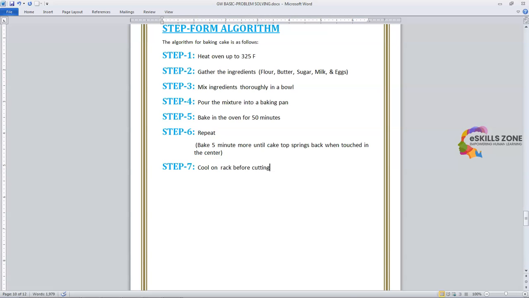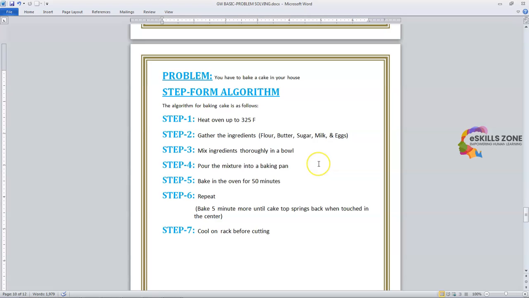So this is normally you do it. If you don't cut, then we can't have the pieces, and to have all the required number of pieces, cutting is required. So this is called the step form algorithm for baking a cake.